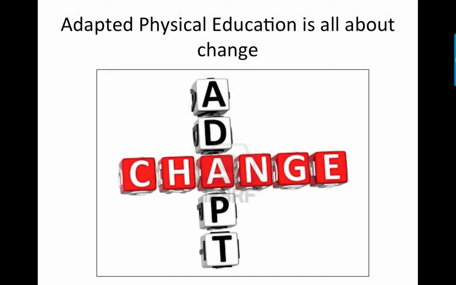So in adapted physical education, we are all about change. And basically, when you think about the word adapt, it does mean to change or modify. So a lot of times we come into our experience with people who have disabilities thinking about the fact that they do have that disability.